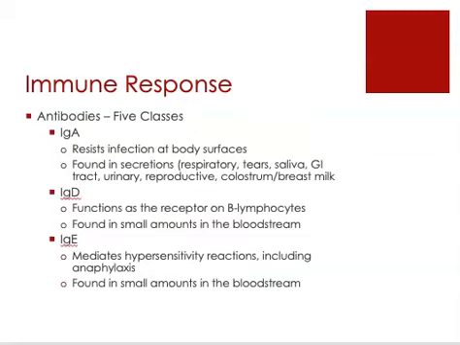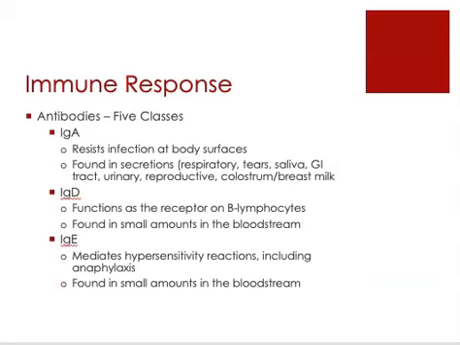IgA is the type of antibody that really provides protection at body surfaces. So we find IgA in places in the body that are hollow and lined with epithelium. IgA is very prominent in respiratory secretions and in saliva and in the secretions of the gastrointestinal tract.